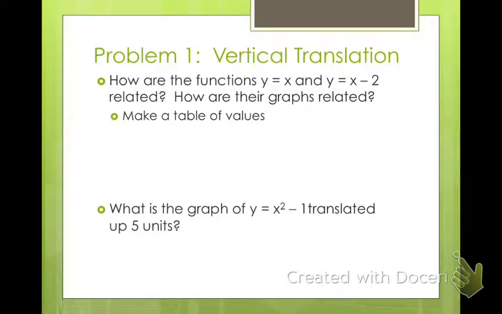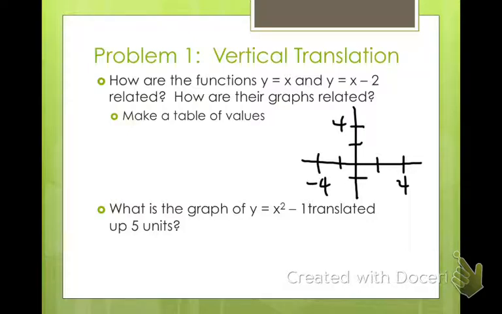What's the graph of y equals x squared minus 1 translated up 5 units? So we're going to go ahead and graph y equals x squared minus 1. So let's see, we have to make some x, y values.